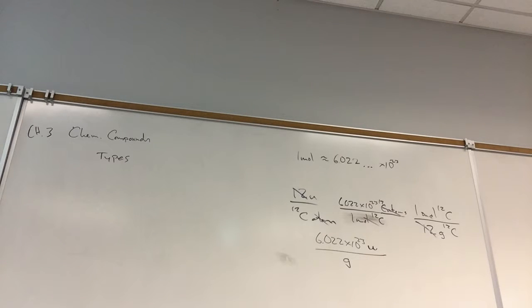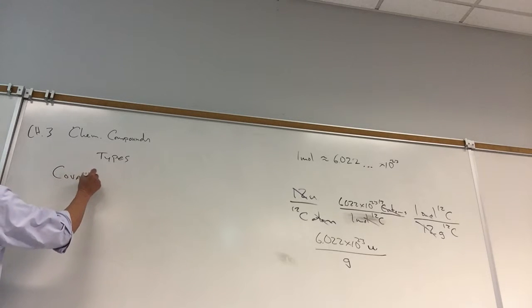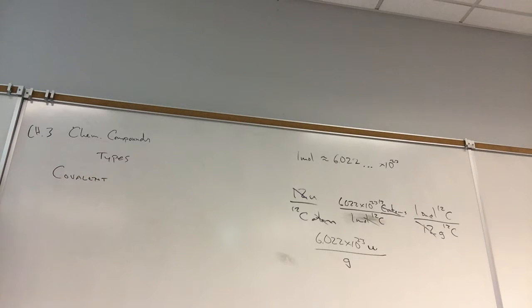We typically call those alloys. Let's focus on covalent and ionic for right now. If we look at covalent, then what types of covalent compounds are there?